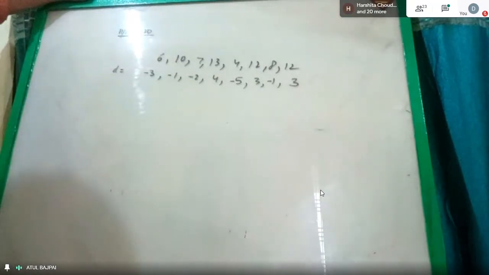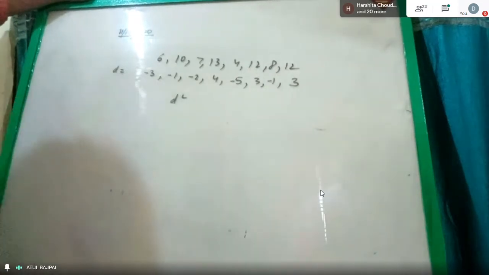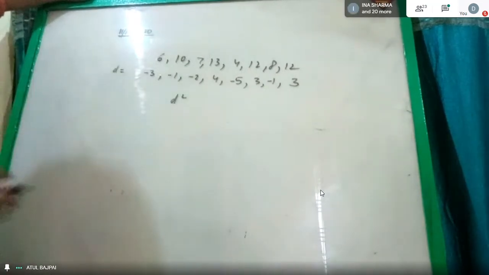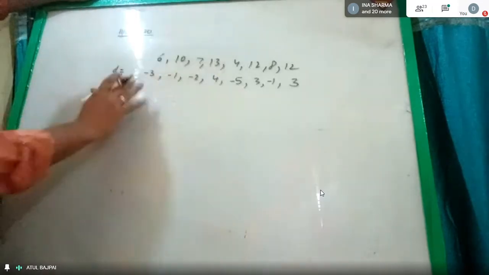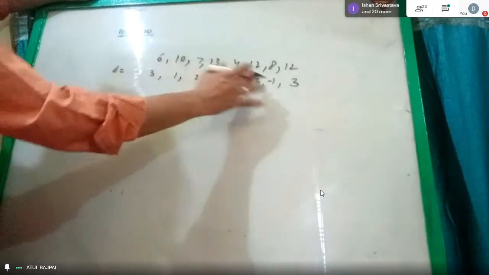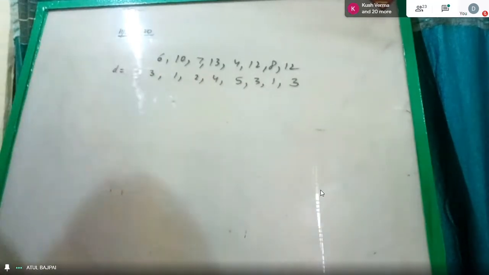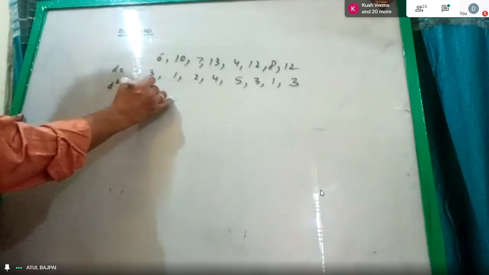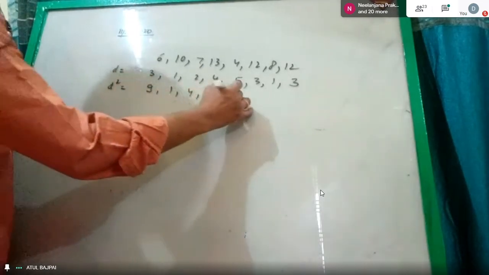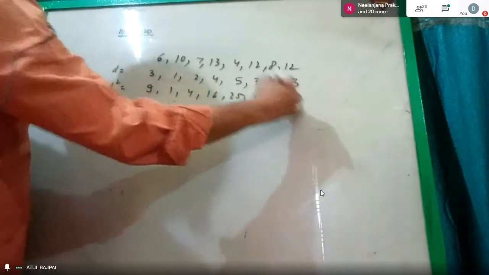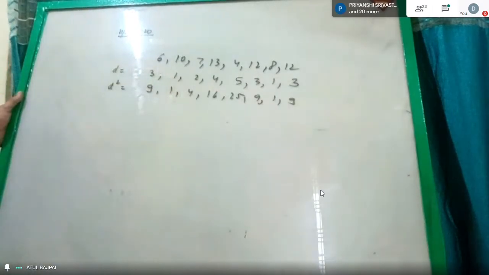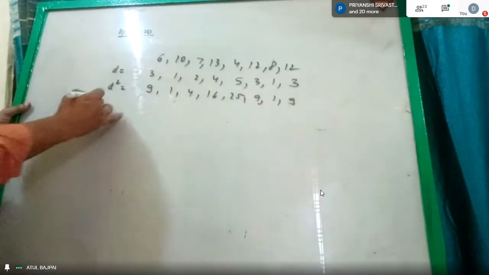We are doing the square of deviation, so if you don't want to find mod, you can write the value like this. If you want to find the mod, you can do that also. Now, let us find d square, and then find the sum of this, sigma d square.